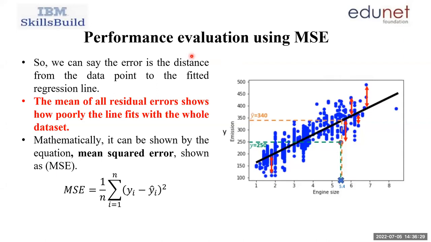So we have to find out the error rate called MSE. Our aim is to reduce the mean squared error to find out the optimal regression line.